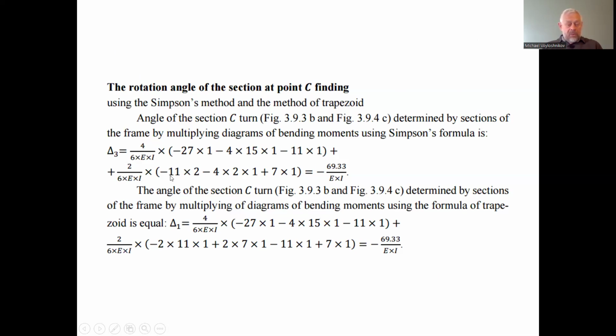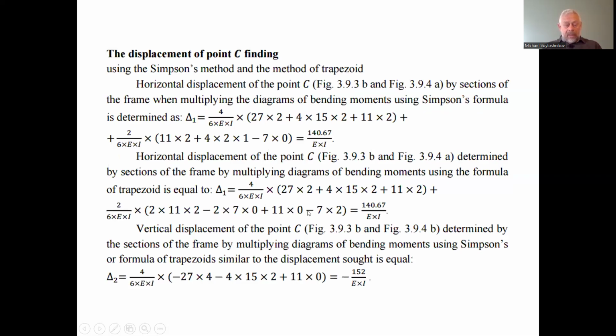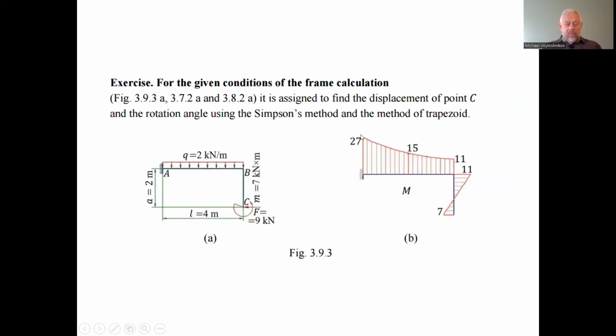We consider two elements of the mechanical system, the first one from the point A to B, the second one from B to C. To find the Mohr integral, we use Simpson rule first. This is a product of minus 27 by 1. Why minus? Because we assume the magnitude positive when the diagram is for the moment rotating clockwise.